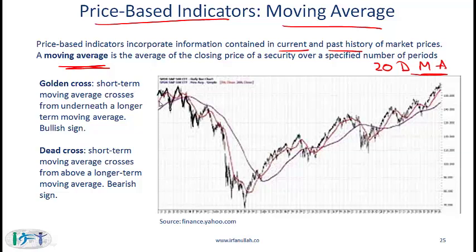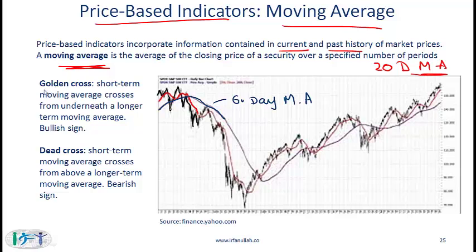In red we have the 20-day moving average, and in blue we will put in the 60-day moving average. So the blue is the 60-day moving average and the red is the 20-day moving average.